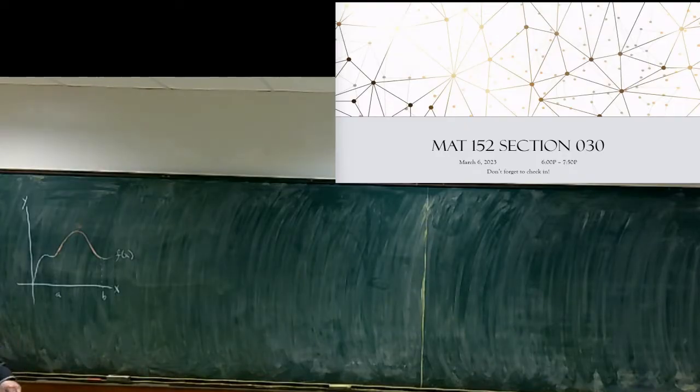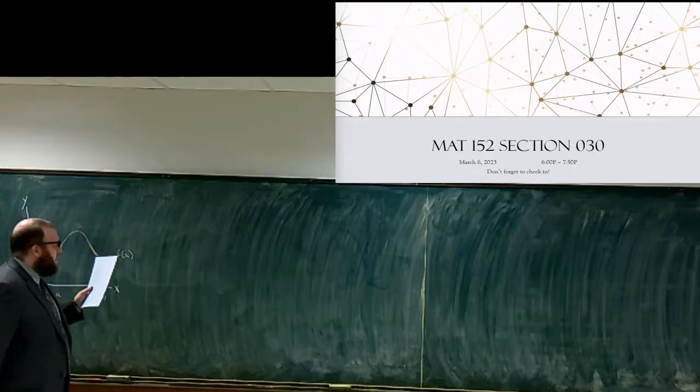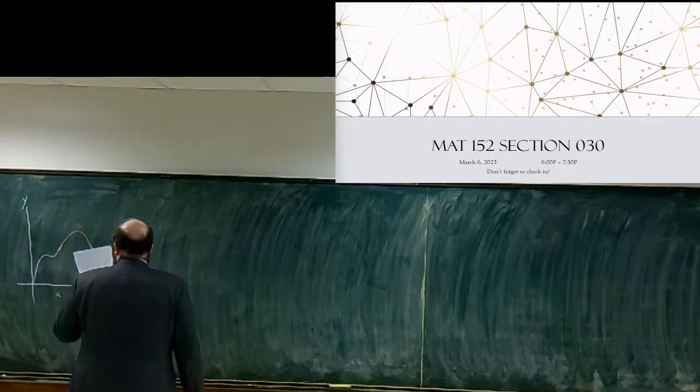Arc length is just the length of a curve. Let's say we're given some curve represented by f of x. Arc length from A to B is just the length of that curve from A to B. You can think of it also as the distance you traveled over that interval. How do we find it?